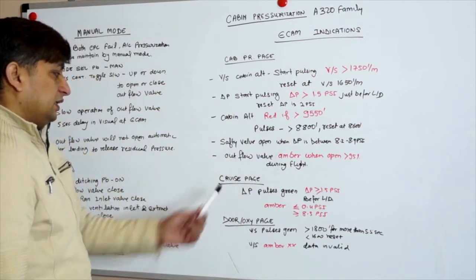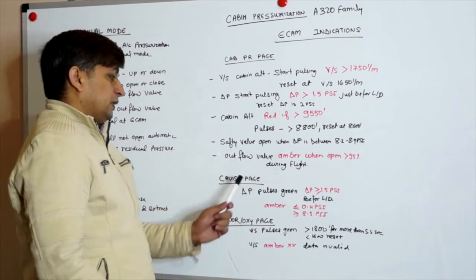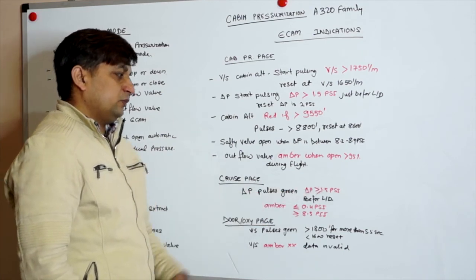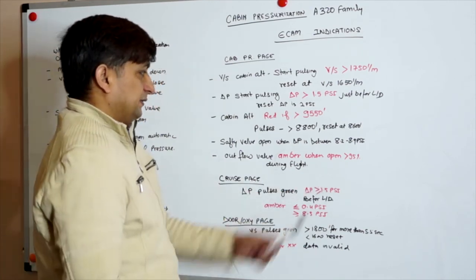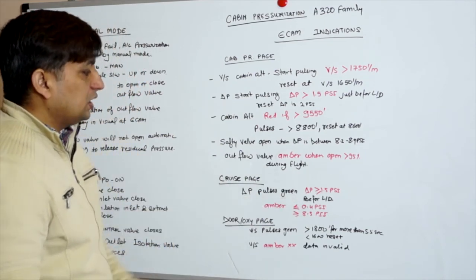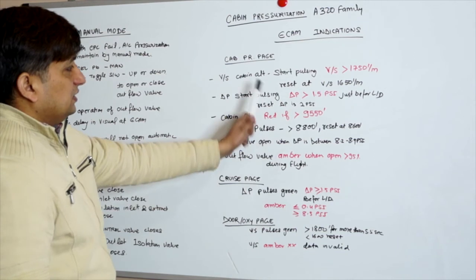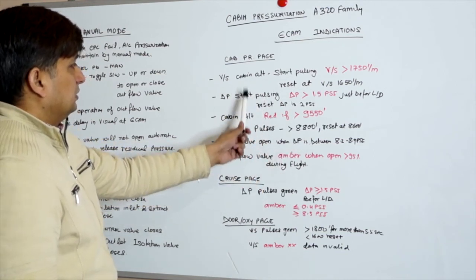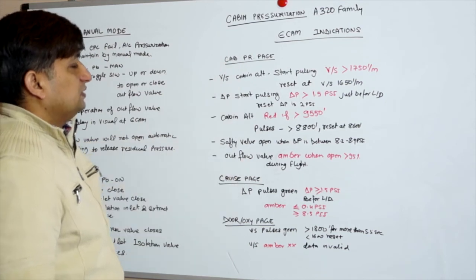In the cruise page, delta pressure will start pulsing green if it is more than 1.5 psi before landing, as it does on the cabin pressure page too.